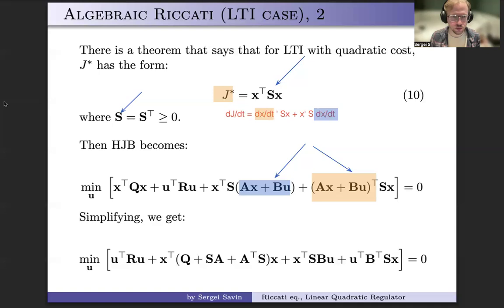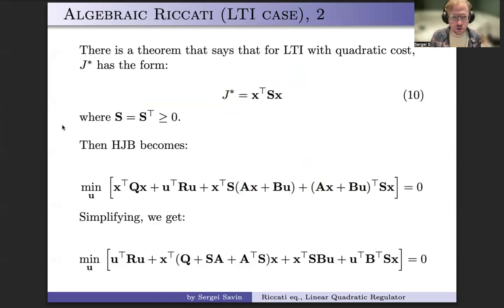Next, what we want to do is to simplify. How do we simplify? Well, first of all, we want to get everything that contains only x in the brackets. So this, as well as this, gives us only elements that are quadratic in x.